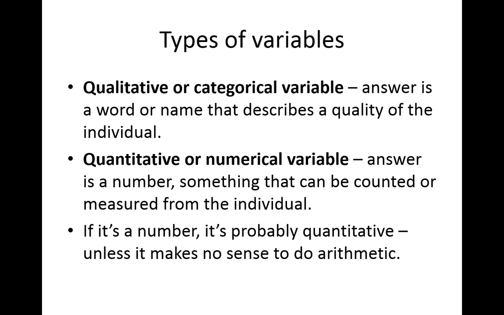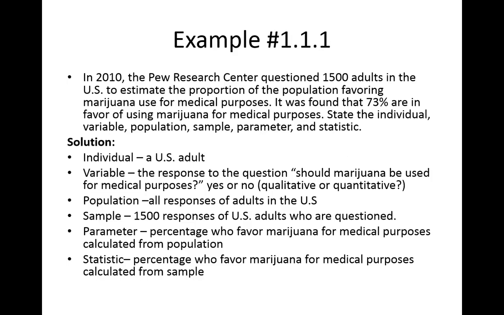Then it's a little jarring. We'll get more into these types of variables later. So I wanted to skip that slide for right now and come to this slide, where this is an example of, given a scenario, can we identify the individual, the variable, the population, the sample, the parameter, and the statistic.